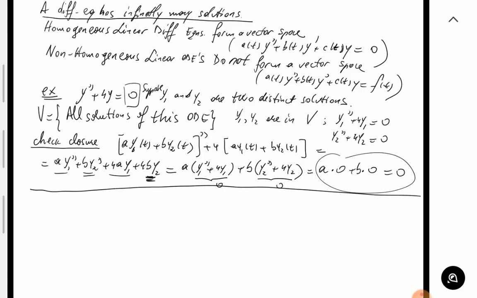So as an example, let's say V instead is all solutions of y double prime plus 4y equals, let's make it easier, equals 8.